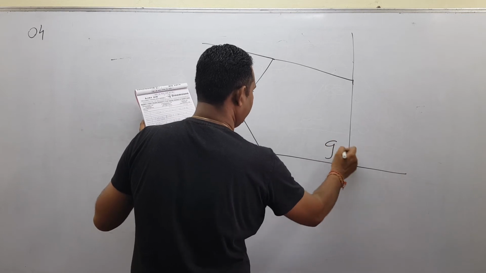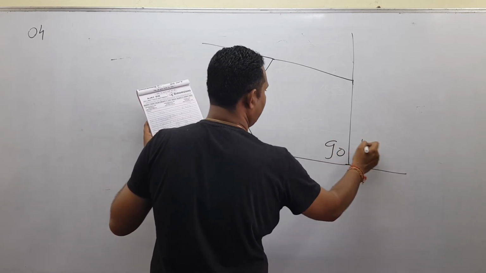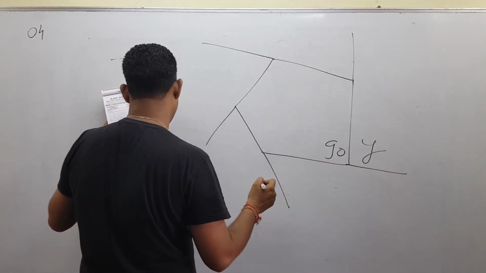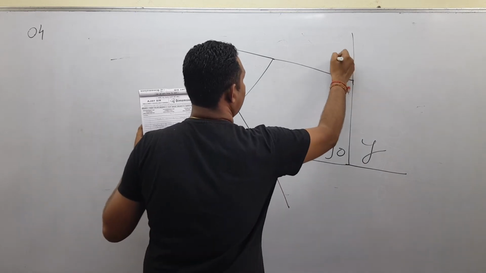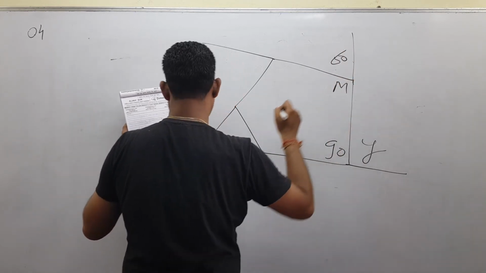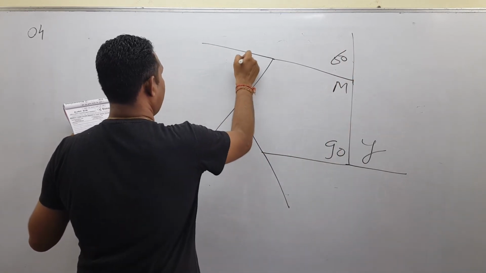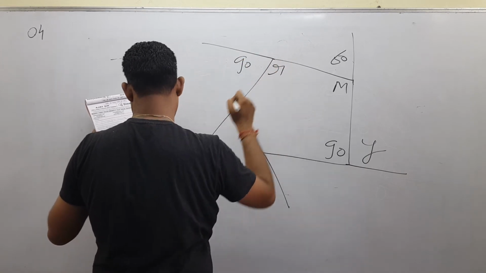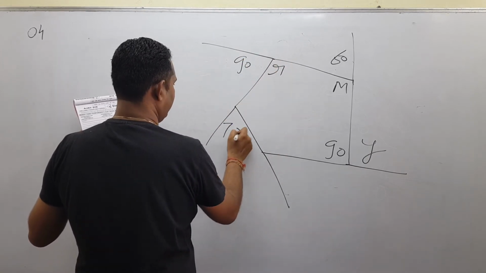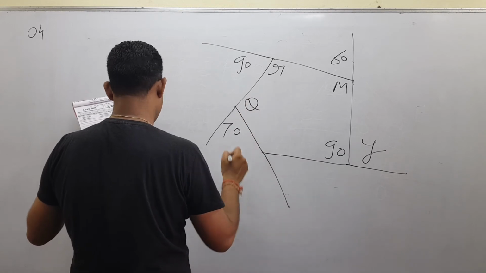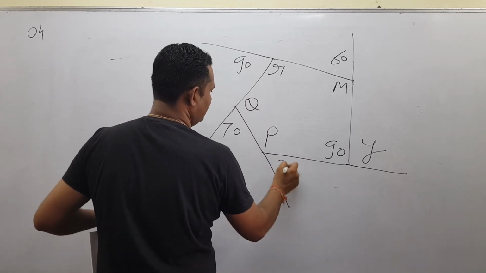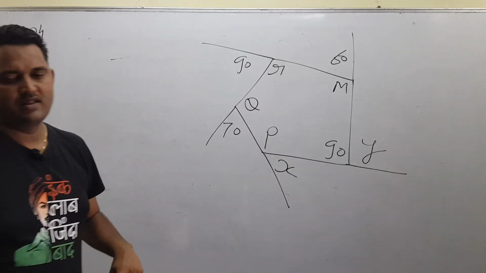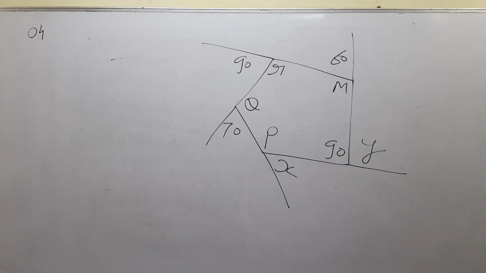This is 90, find y. This is 60, find m. This is 90, find r. This is 70, find q. This is p and this is x. Come on, start doing this question. Hurry up, very quickly.